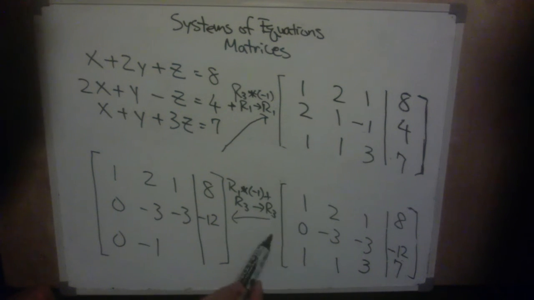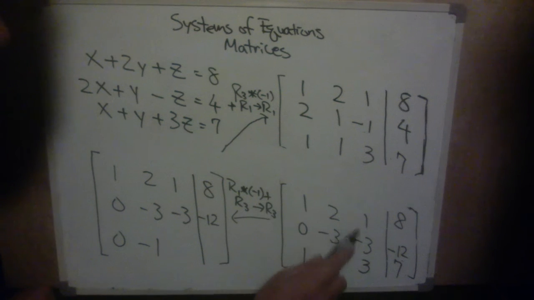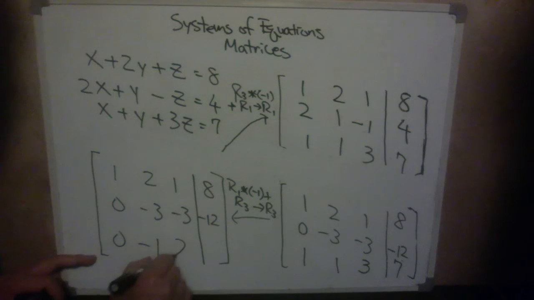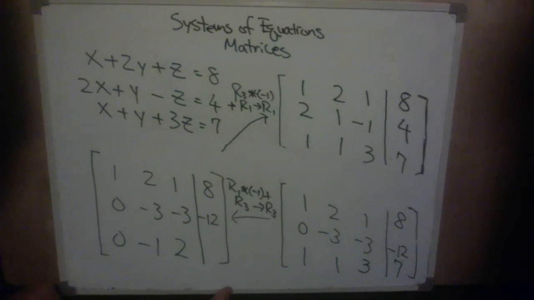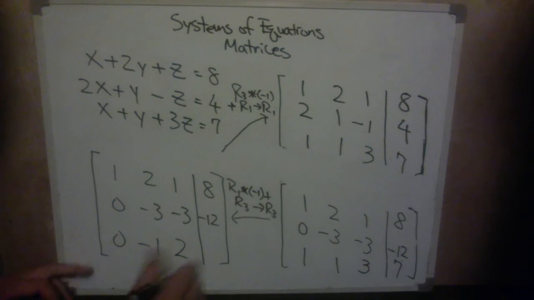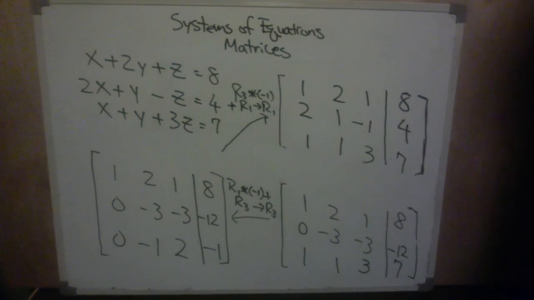And 1 times -1 is -1, plus 3 is 2. -1 times 8 is -8, -8 plus 7 is -1. So now I got 1, 0, 0 right here.